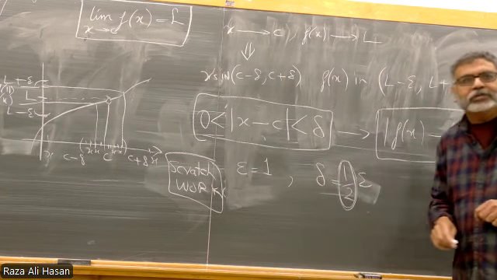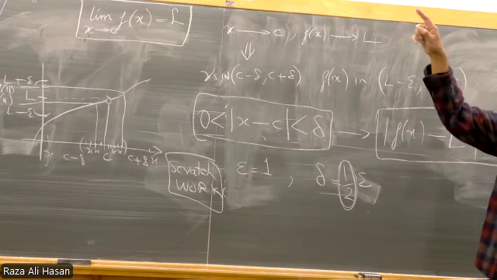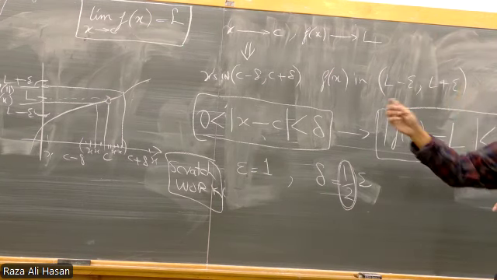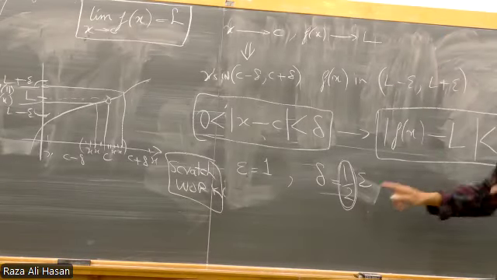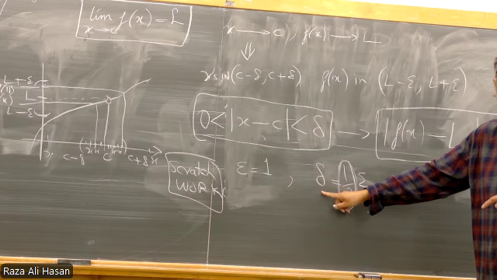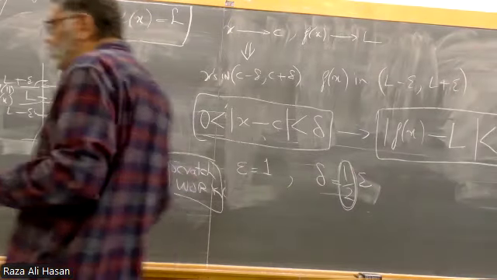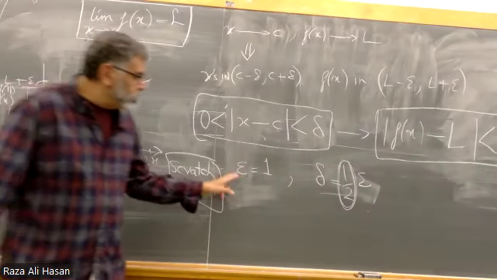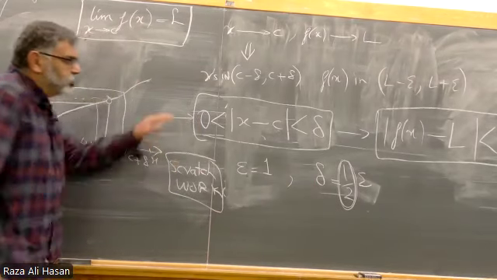In my PowerPoints, what I've done is I'm saying where the graph meets the horizontal lines, that's where you draw the vertical lines. And that gives you the right size of the delta. So we'll do that in a second, okay? So this is scratch work. Once we figure out the relationship, then we go and use this definition.